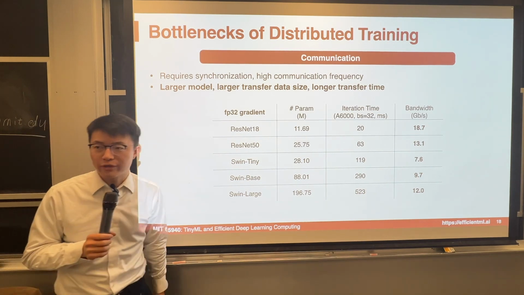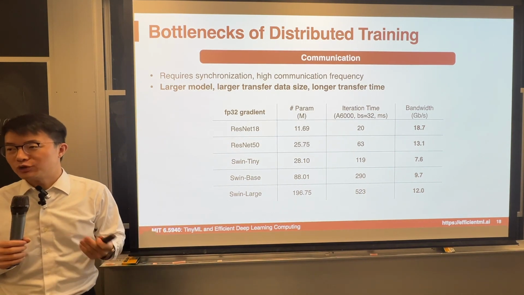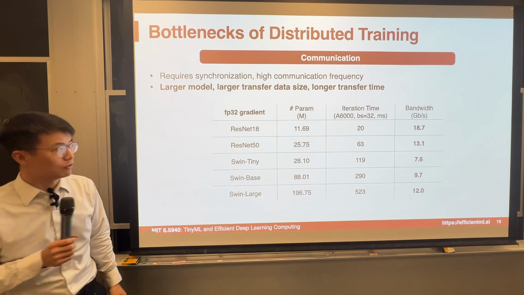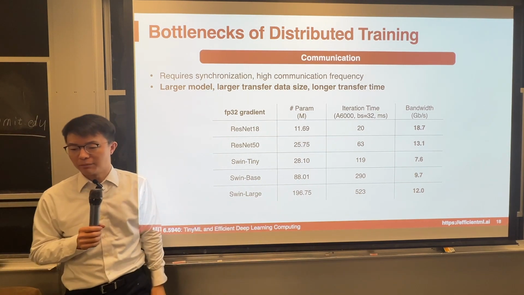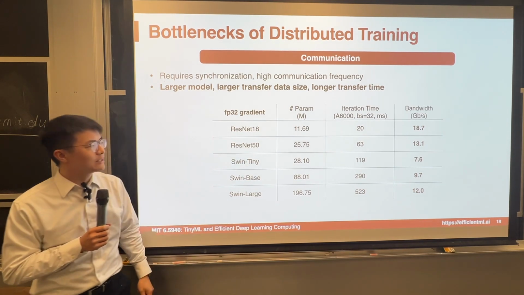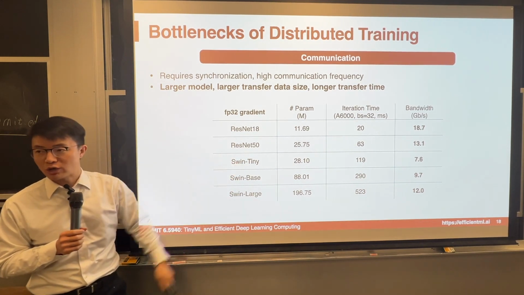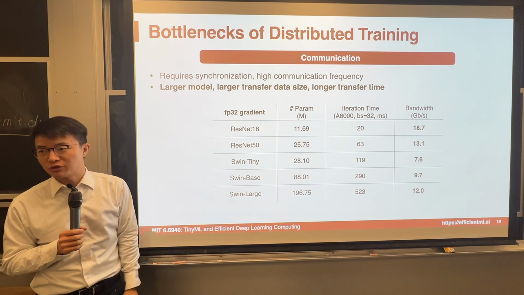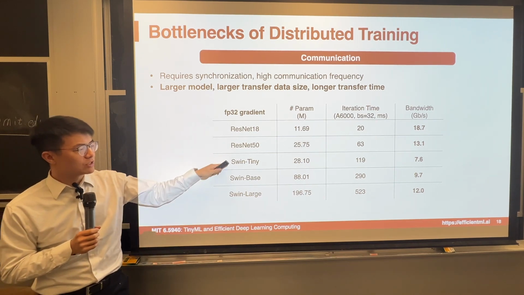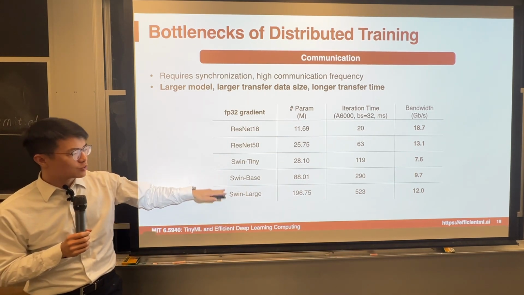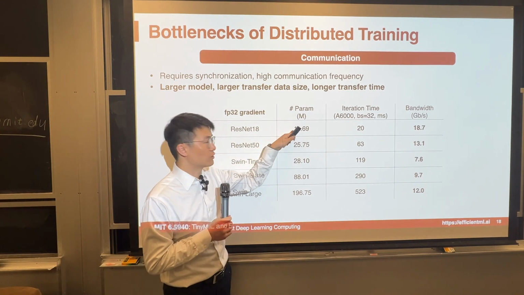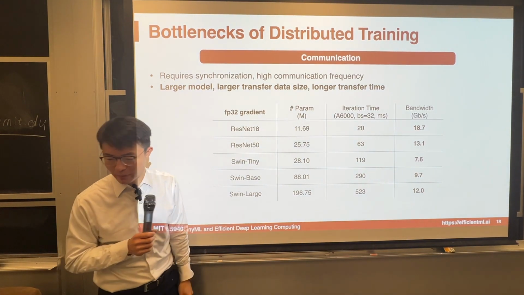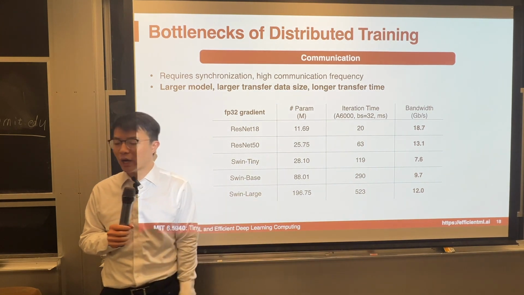So how much bandwidth is required so that the GPU doesn't have the starvation issue? We just tested a bunch of models from ResNet-18, ResNet-50, Swin Transformer Tiny. It's a vision transformer. Remember, we learned that in the vision transformer class. Swin Base and also Swin Large. The number of parameters ranges from 11 million to almost 200 million.